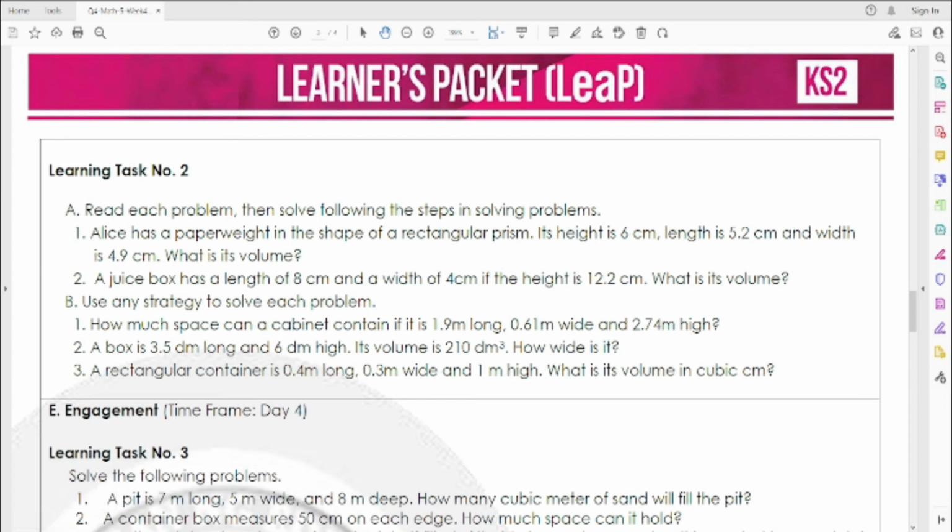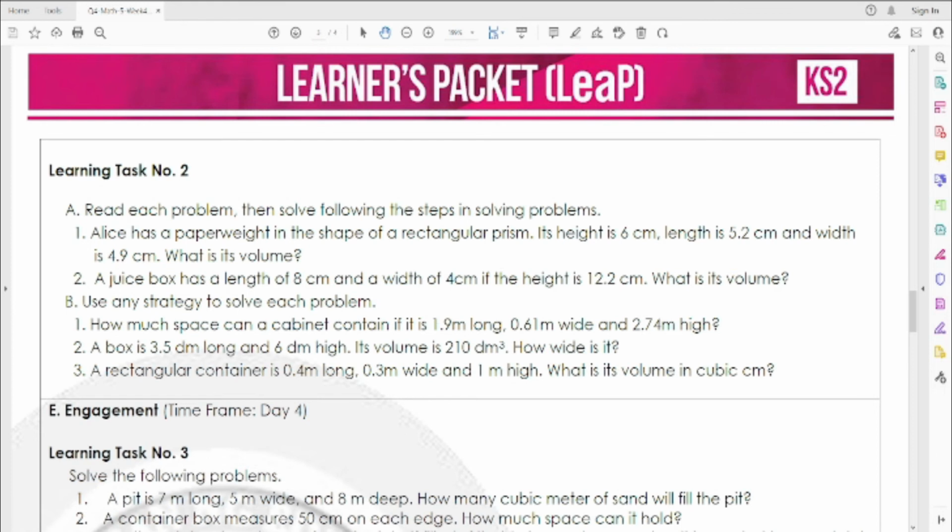For letter B, use any strategy to solve each problem. You can use routine and non-routine. Number 1, how much space can a cabinet contain if it is 1.9 meter long, 0.61 meter wide, and 2.74 meter high? Number 2, a box is 3.5 decimeter long and 6 decimeter high.